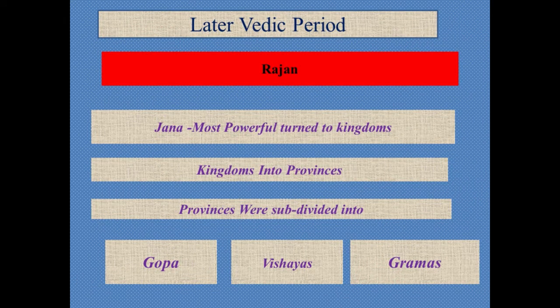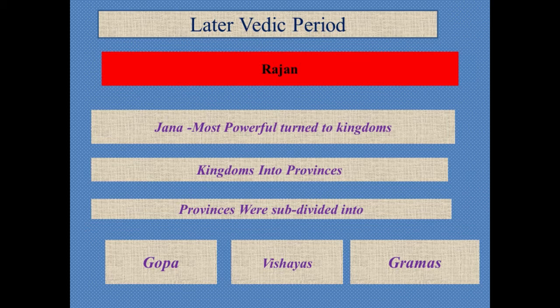But during the later Vedic period, the position of the king started to change. So far, there was no concept of kingdom, there was only Jana. But during the later Vedic period, Jana became the most powerful and got transformed into kingdoms. And all these kingdoms became provinces.